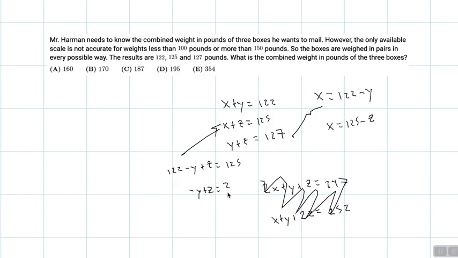And if we add these two equations, add this one to this one, we get 2z is equal to 130. So z is equal to 65.